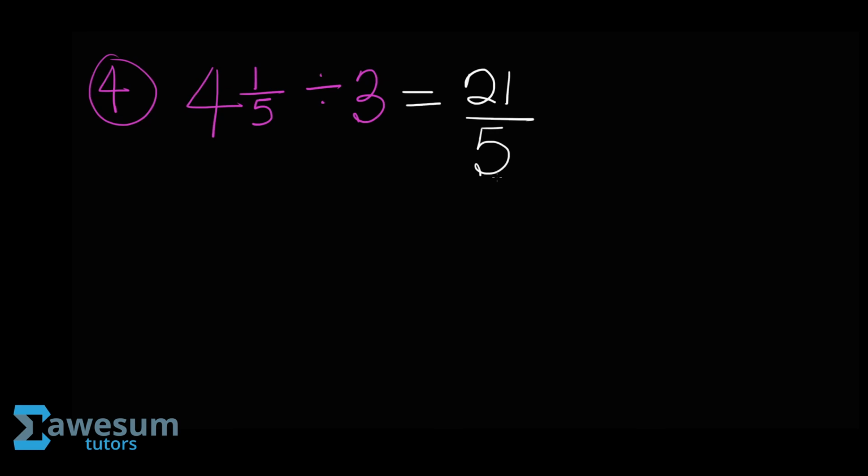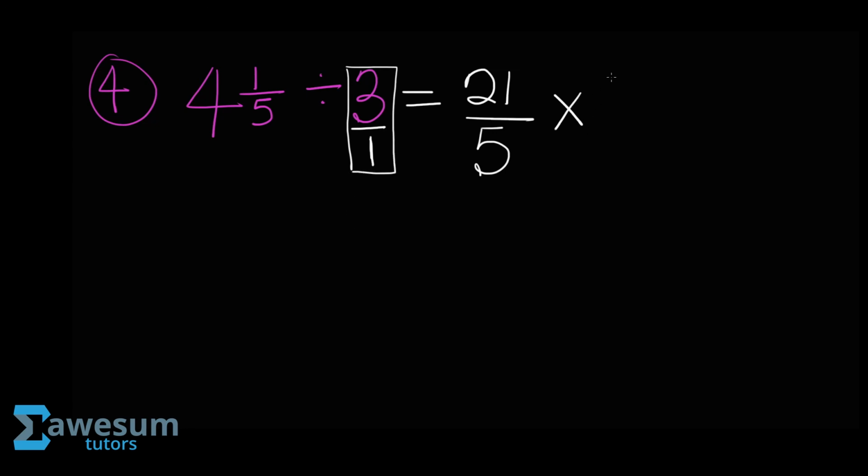Okay? Division sign is going to change to a multiplication sign. Alright? Also, 3 is a whole number, which simply means that 3 is 3 over 1 right here. There is an invisible 1 right here. So, in that case, you need to invert this.